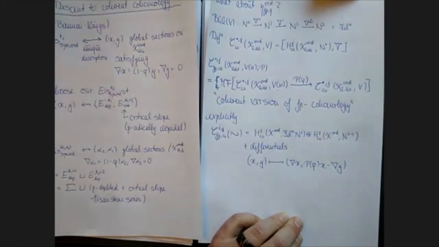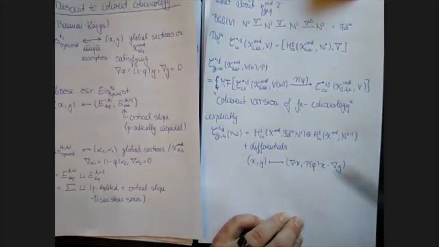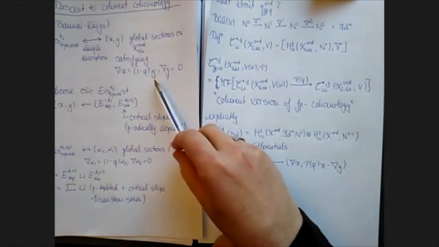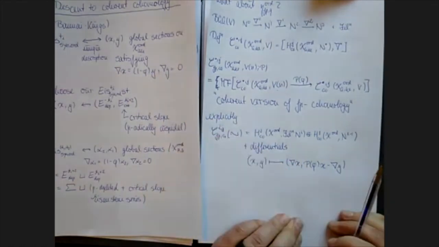So it really is extremely explicit. And we see that this is very similar to the relations of Banach-King when P of phi is just the polynomial 1 minus phi.